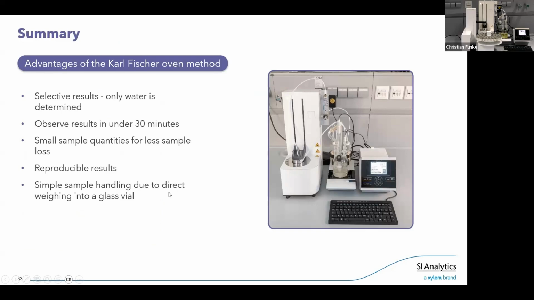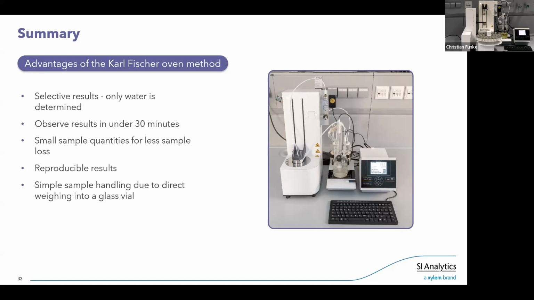Just to give a summary, what are the advantages of the Karl Fischer oven method? We get very selective results, and in this case, it's an indirect method, and we can be sure that only the water is determined in this titration. The result is obtained in under 30 minutes, so related to the pharmacopoeia procedure with the loss on drying, very fast.